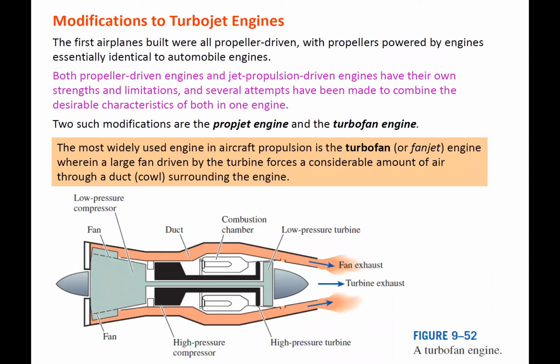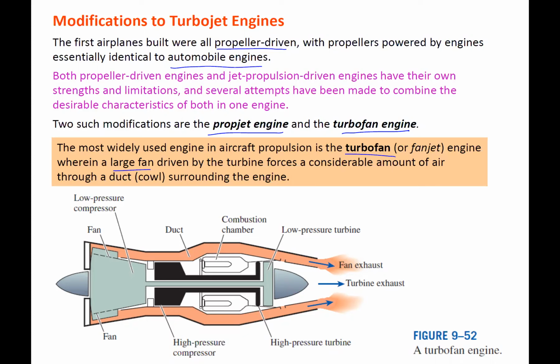All right, so then modifications. What are the different layouts? I mentioned this already. We have the propeller driven. They could basically be engines similar to automobile engines. But then there's prop jet, turbofan. So the turbofan, which you see down here, has a large fan.